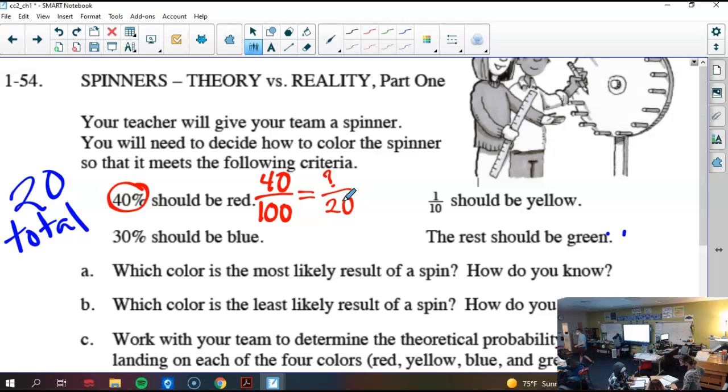So if 40%, 40 out of 100, how many would that be out of 20?